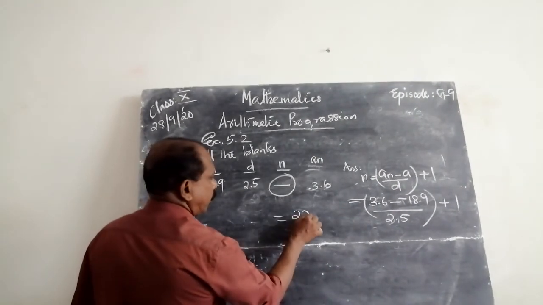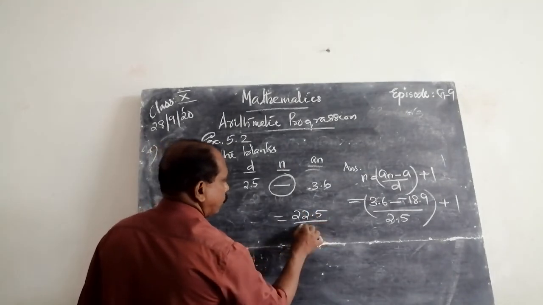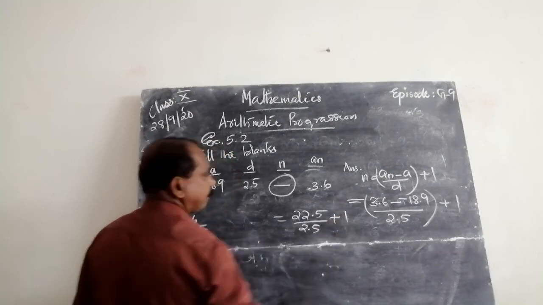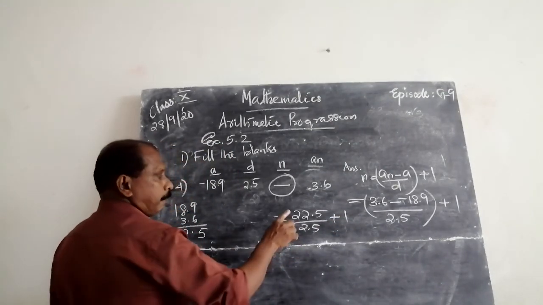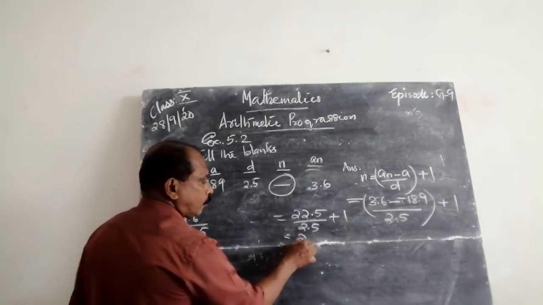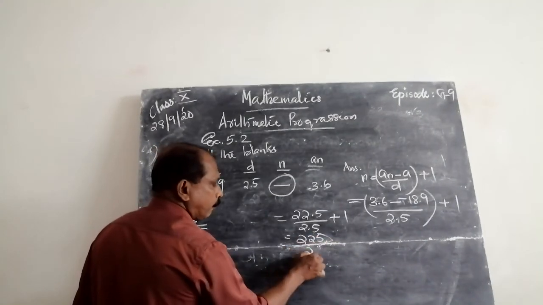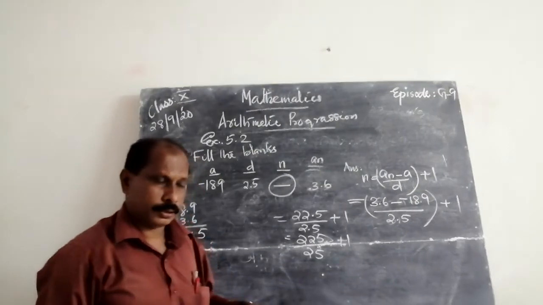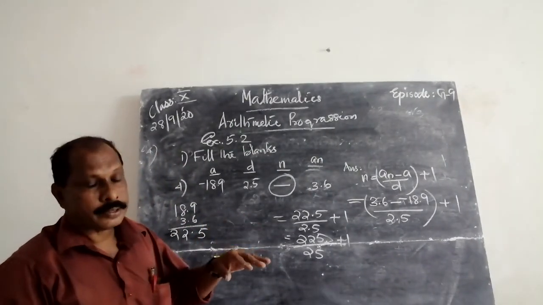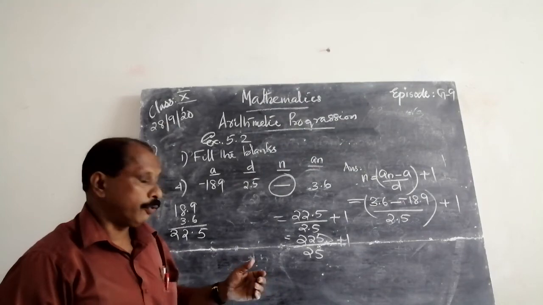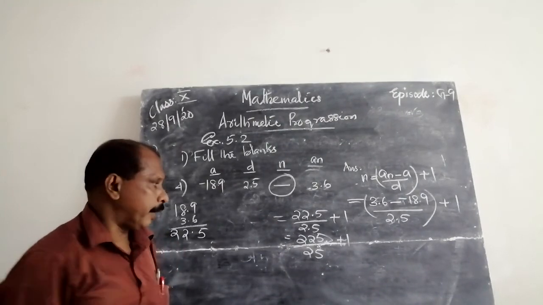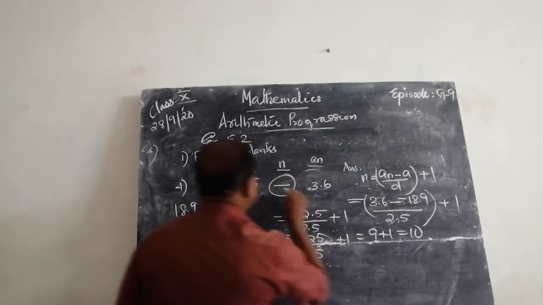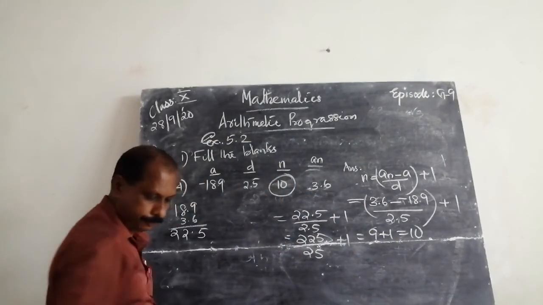So equal to 22.5 divided by 2.5 plus 1. That is multiplied by 10. It is 225 by 25 plus 1. 25 into 9 is 225, so that is 9. That's equal to 9 plus 1 is equal to 10. Therefore, number of terms is 10. Clear?